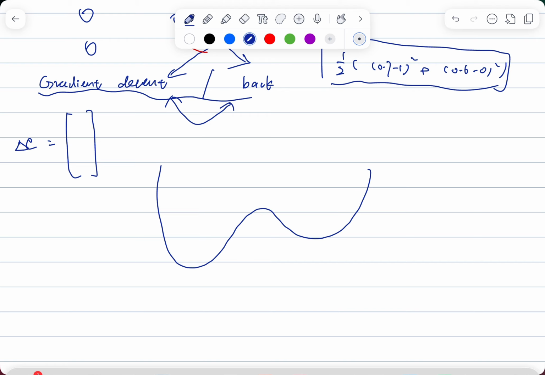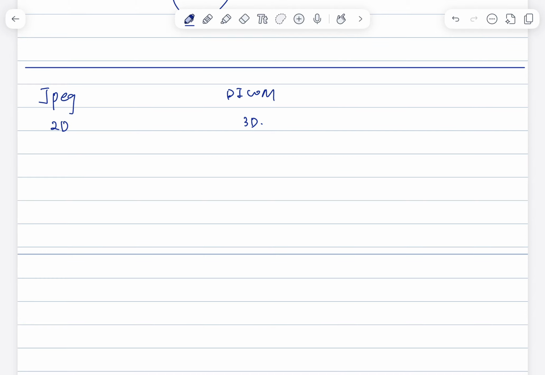The first one is how the computer reads JPEG and PNG, or what's the difference between JPEG and PNG, which is a normal photo, and a medical photo like DICOM. I don't know what that stands for, but this is 2D, and this is 3D.